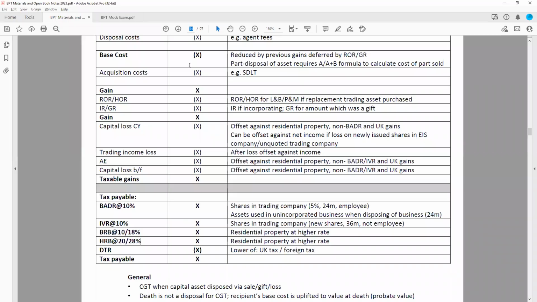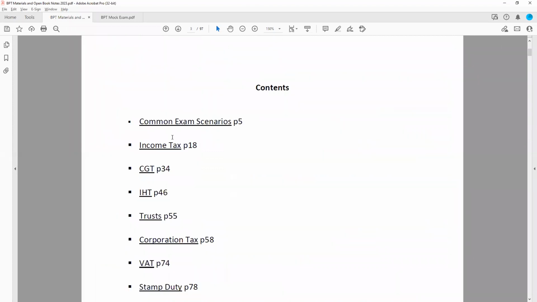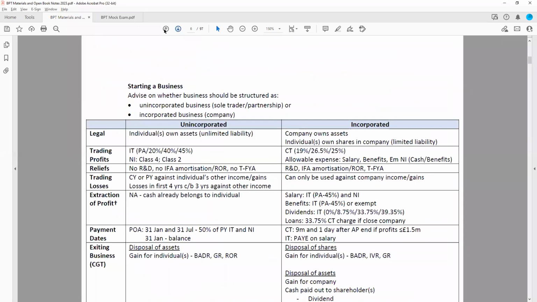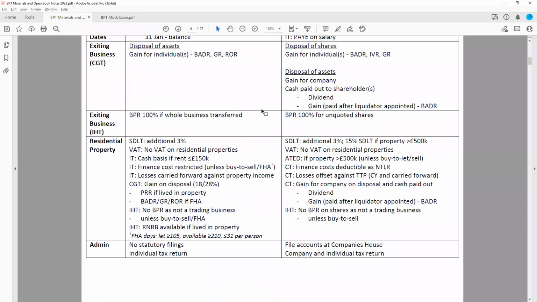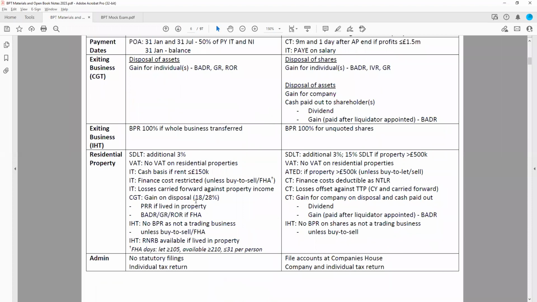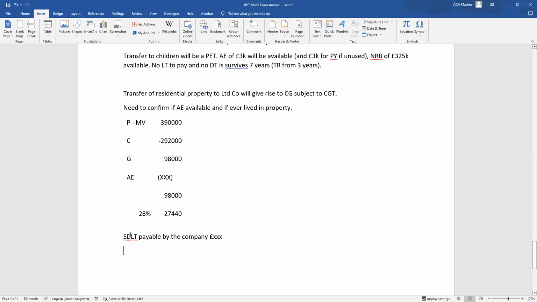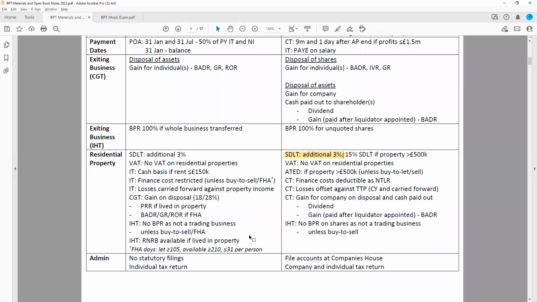And of course, there would be the additional rates as well. So when we thought about this, remember that common exam scenario of how do we set the business up? Should we set it up as an unincorporated business or an incorporated business? Remember, we said with an incorporated business, there'll always be that additional 3% stamp duty charge as well. So the stamp duty payable by the company, and making sure you include that additional 3% in there.